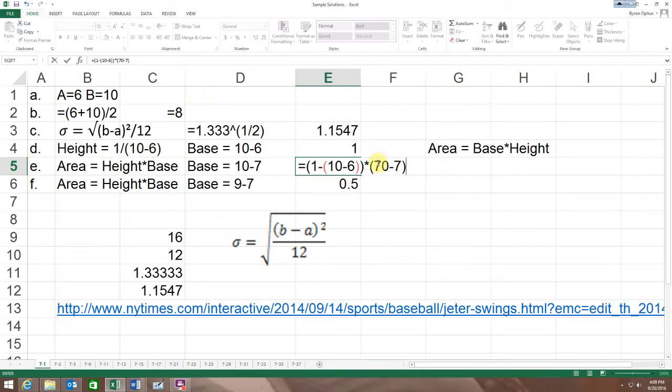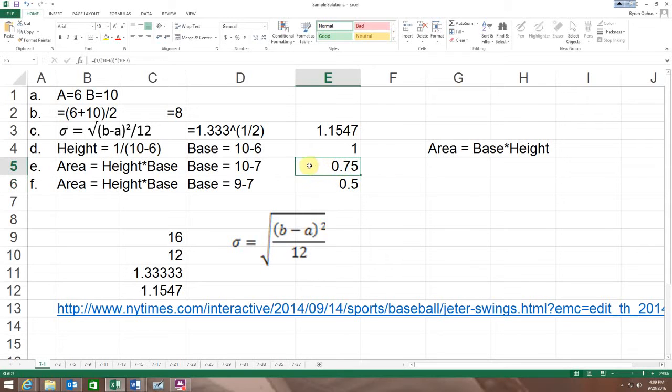Ooh, 70 minus 7, that'd give me an interesting answer, wouldn't it? I think that should be, oh, I've got the wrong, 1 divided by 10 minus 6. There we go. Now let's try that.